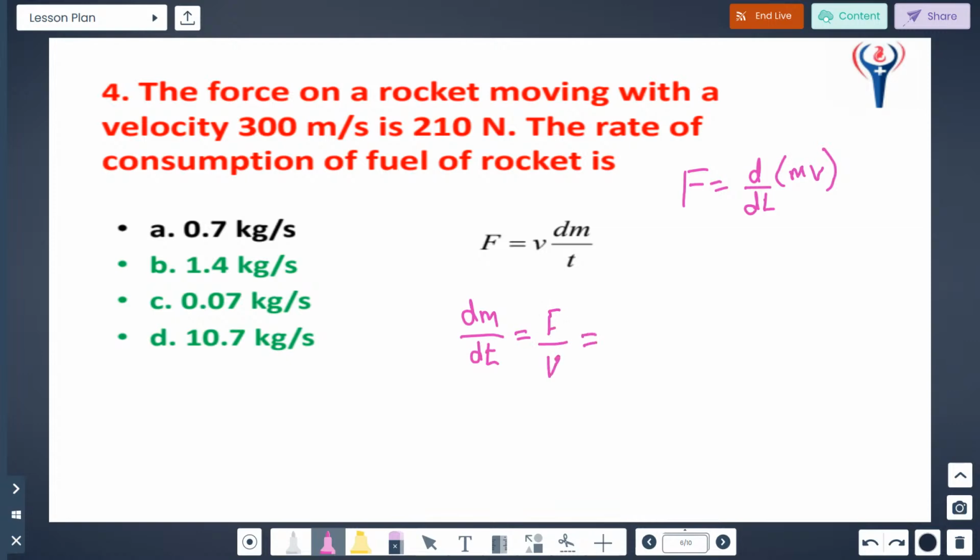What's the value of F? 210 Newton. Value of V is 300 meter per second. This 0 getting cancelled.